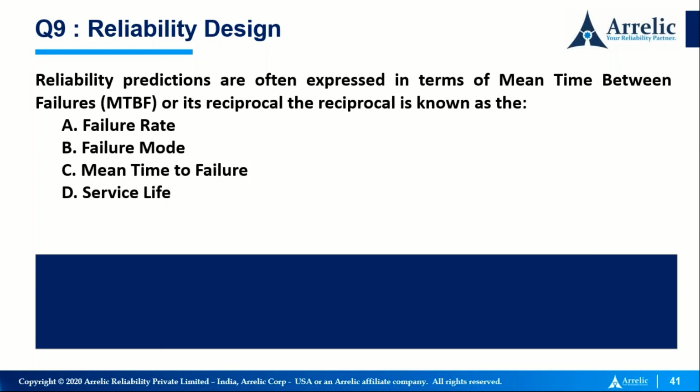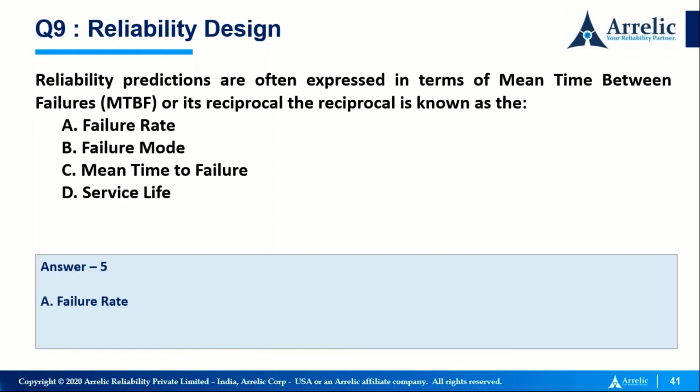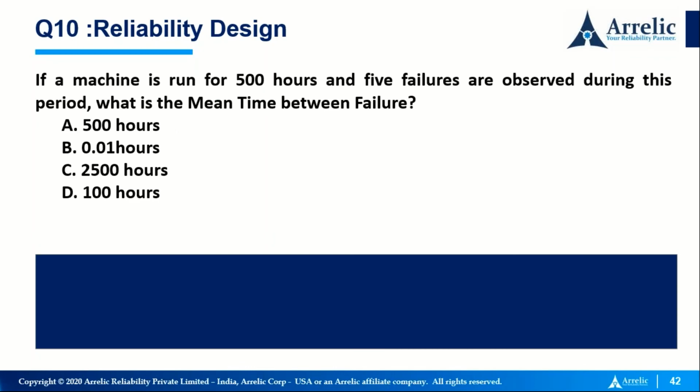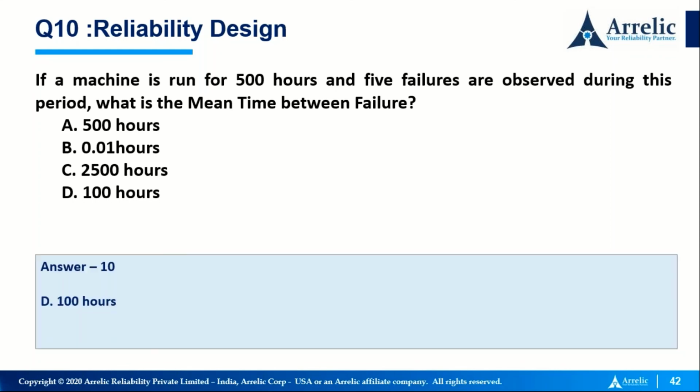The reciprocal is known as the failure rate. And the last question, if a machine is run for 500 hours and 5 failures are observed during this period, what is the mean time between failures? 500 over 5 is 100 hours. So the answer is D.